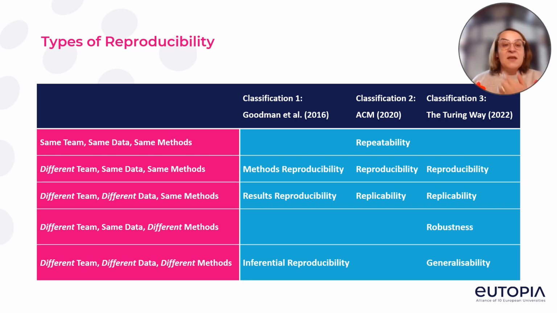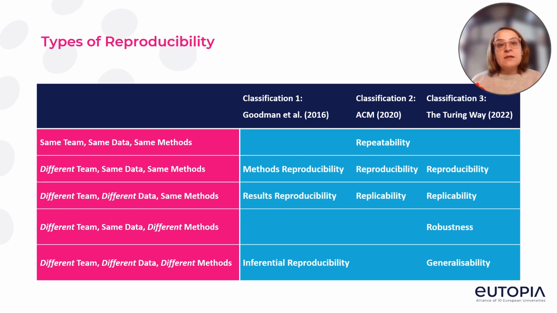The third classification is from the Turing Way from 2022, which contributes to the discussion by differentiating between reproducibility, replicability, robustness, and generalizability, with slightly different definitions than what was proposed before.